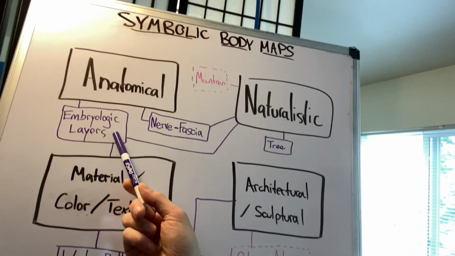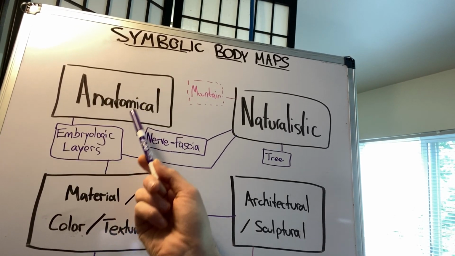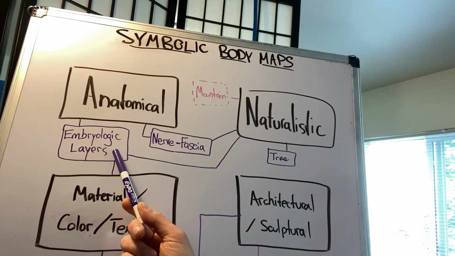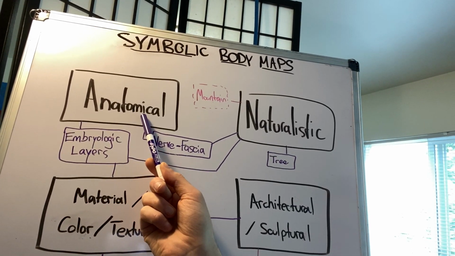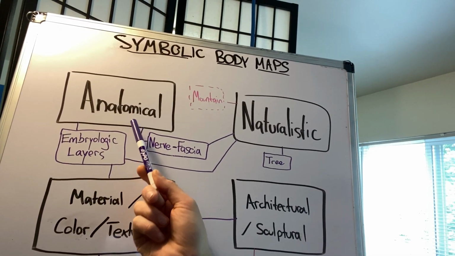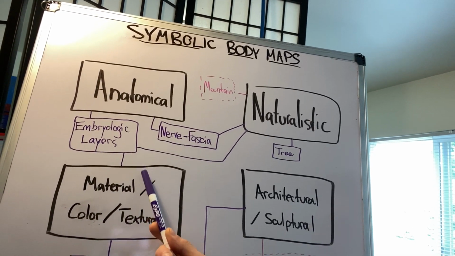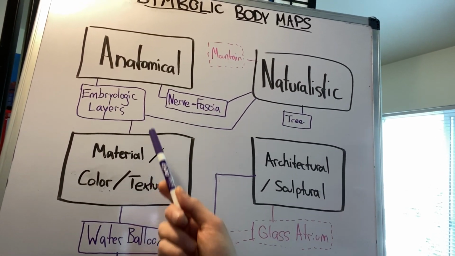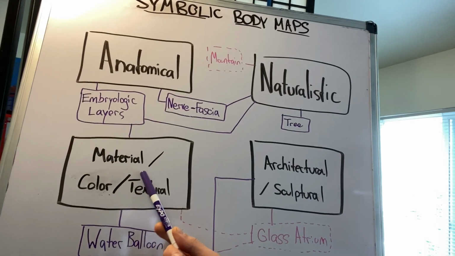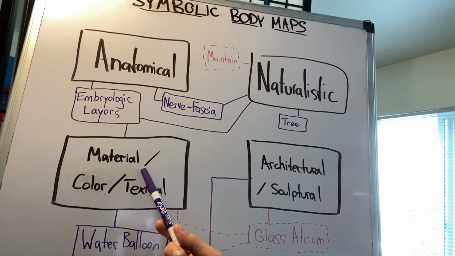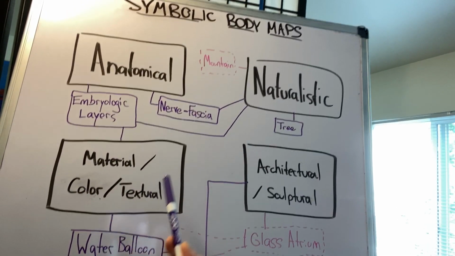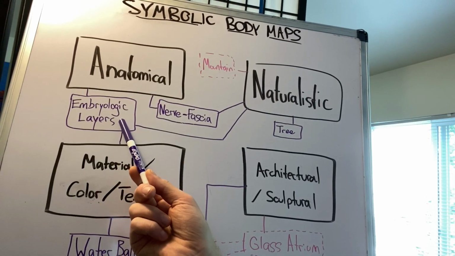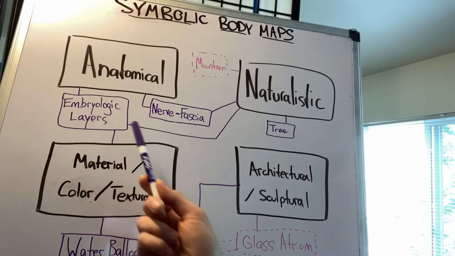I also think a lot about embryologic layers, ways in which we formed ourselves and how those divisions persist in the adult. That's very anatomical, pre-anatomical, but it's also got a lot of material textural distinctions. Different layers of the embryo feel and behave differently under mechanical stress. So I have a lot of this juicy material content in my embryologic maps.